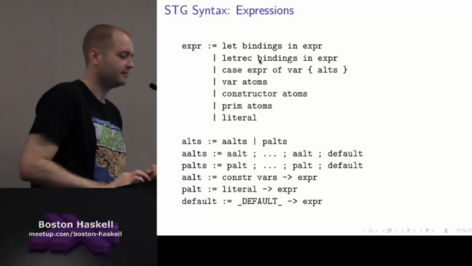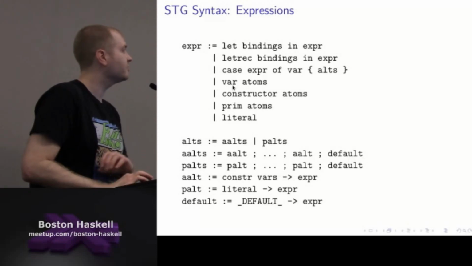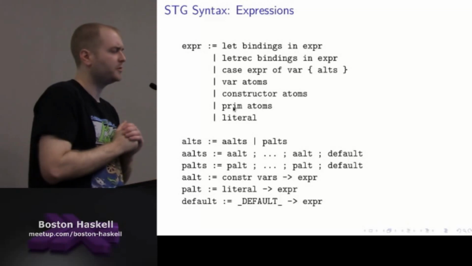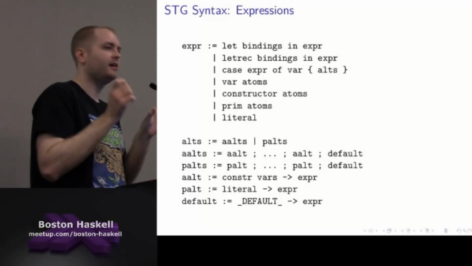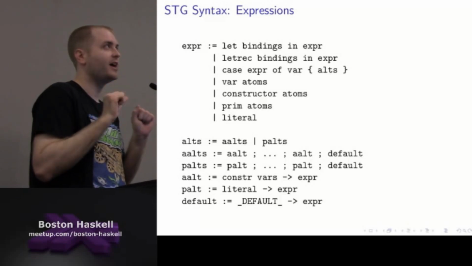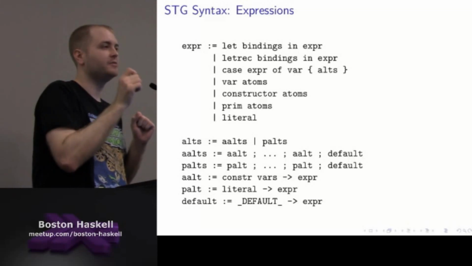That's explicit. It has case of an expression, just like Haskell, and you can only apply constructors, variables, and primitive operations. So you can never have a lambda applied to some arguments. You would have to let a lambda with a name and then apply that name to some arguments.